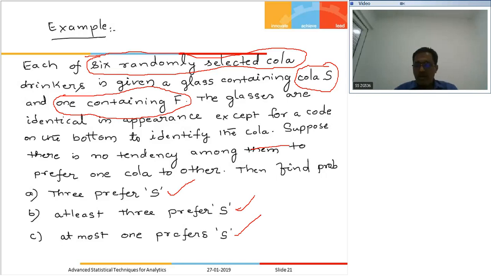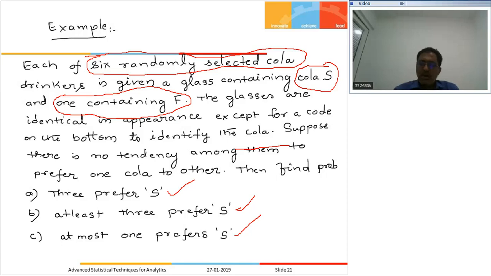So how to model this problem? What is the process here? There are a total of 6 randomly selected cola drinkers, that is n equal to 6.